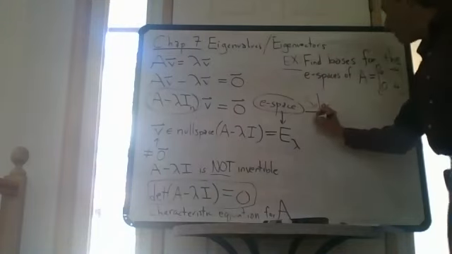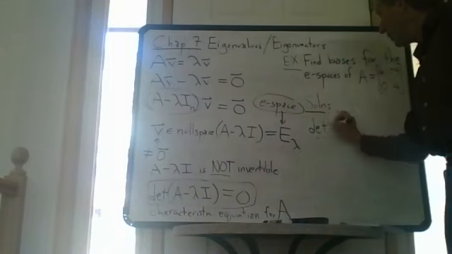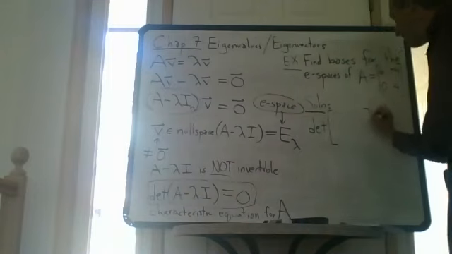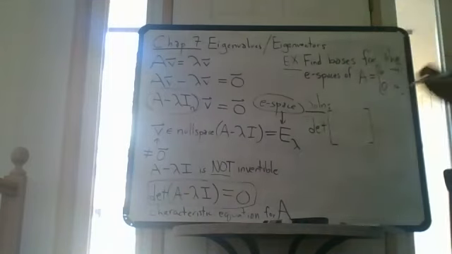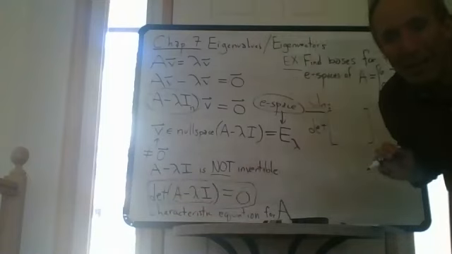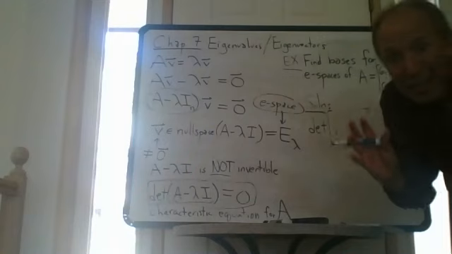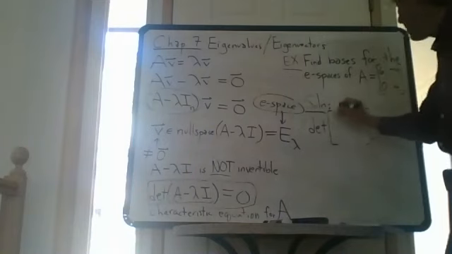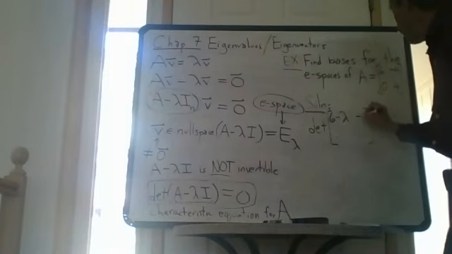I'm going to write down the determinant of, now what matrix am I going to look at? It's this matrix right here, A minus lambda I. I don't know what lambda is yet, so I'm just going to subtract lambda off of the main diagonal of this matrix. So it's going to look something like this.